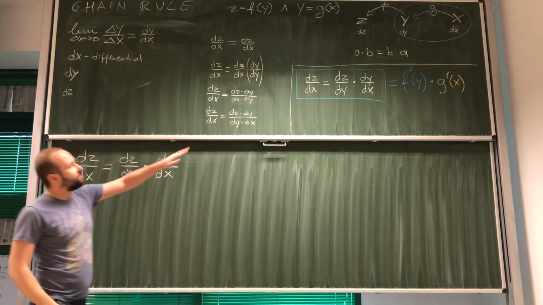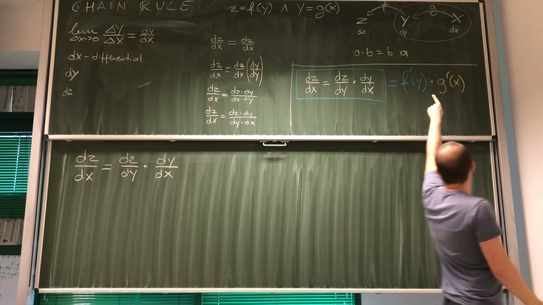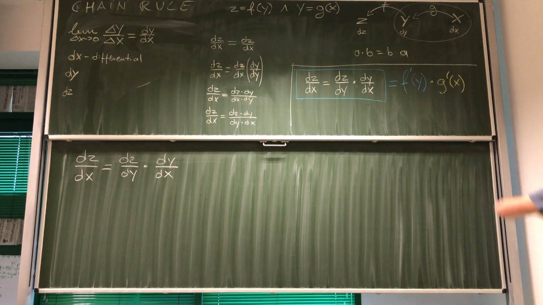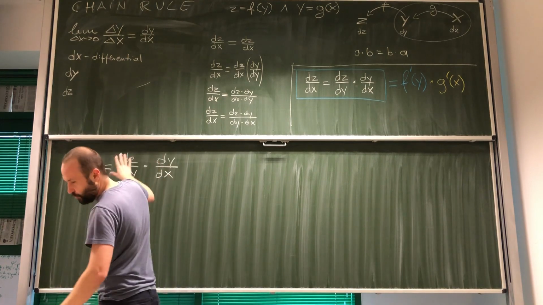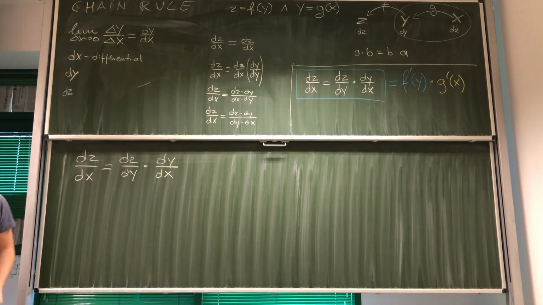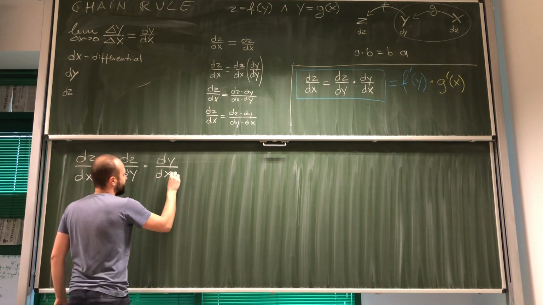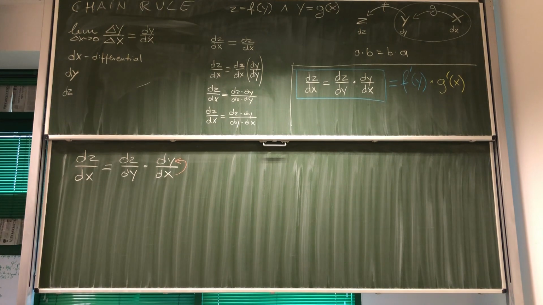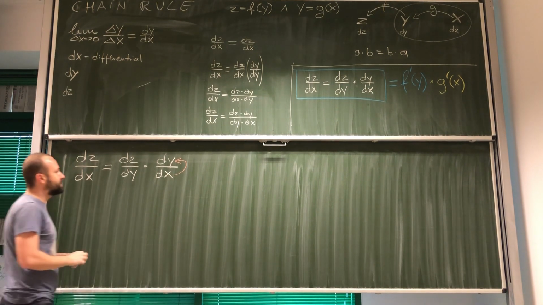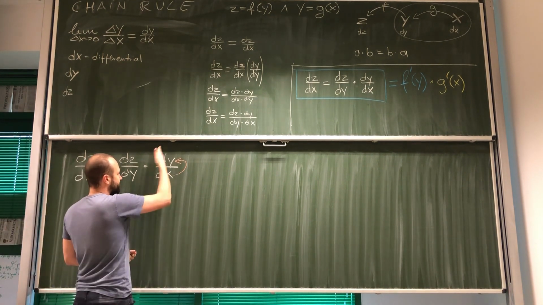We said that there is a chain of causality over here. And actually, this chain of causality exists within this example as well. Why? If x changes, then y changes. This change is described by this derivative.